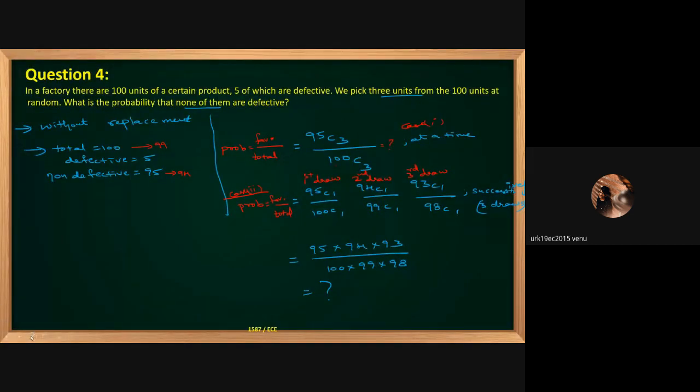After the second draw, 93 non-defective are present and in total 98 are present, because 2 are taken out. Now the third draw: you take 1 out of the 93, that is the favorable outcome, and the total outcome is 98 C1. So you can also do this successively one after the other without replacing.